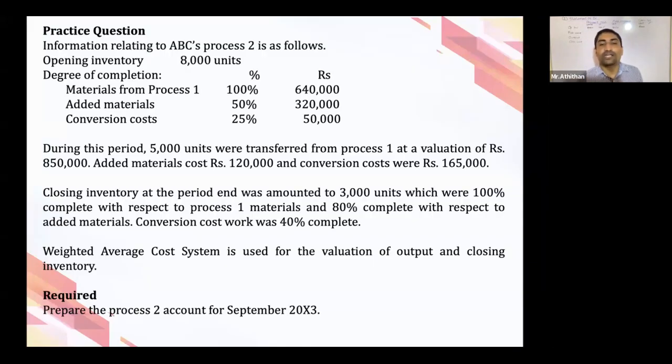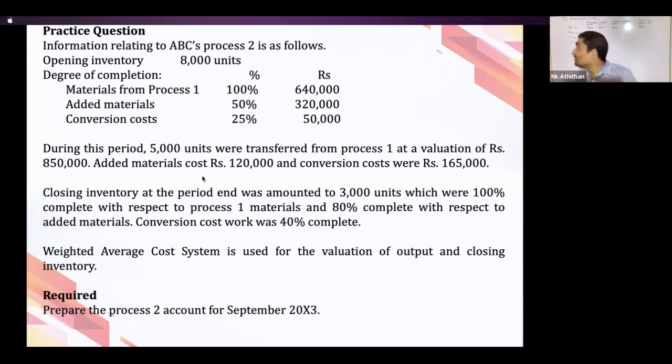During this period, 5,000 units were transferred from process 1, right? So 5,000 units புதுசா வந்திருக்கு. Closing inventory 3,000, right?